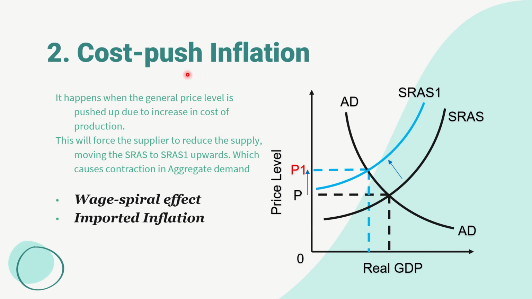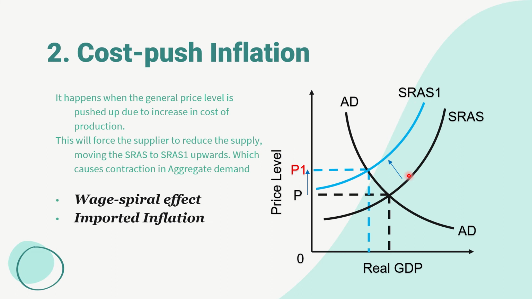Now what? Cost push inflation. This cost push inflation happens when there is an increase in the cost of production. If the cost of production increases, the supply would fall. This is stated by the law of supply.